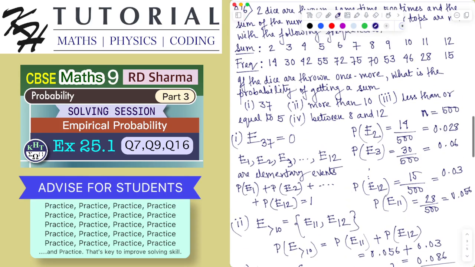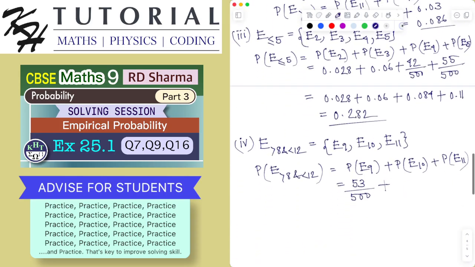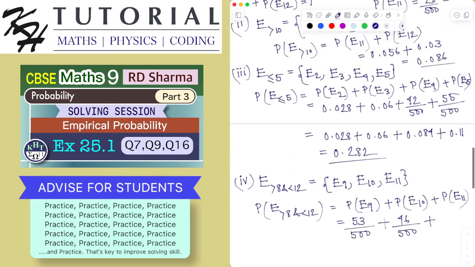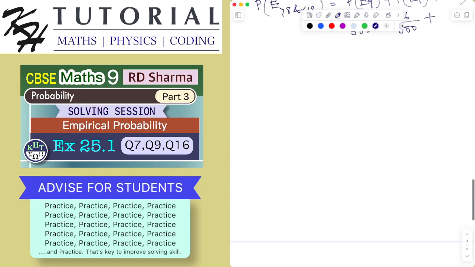The frequency of the sum of 10 was 46, so 46 divided by 500, plus E11. E11 was 0.056.